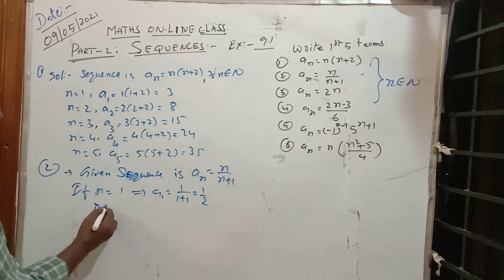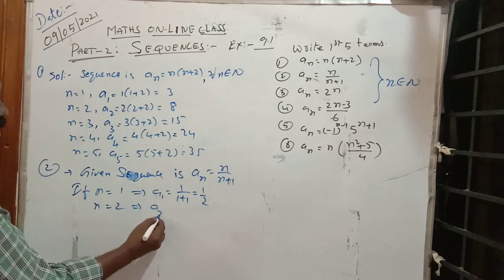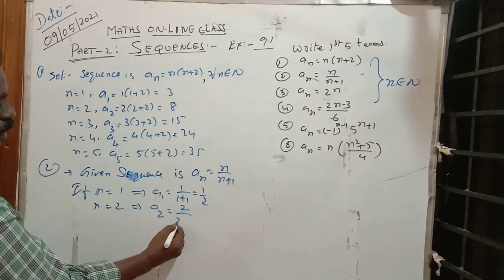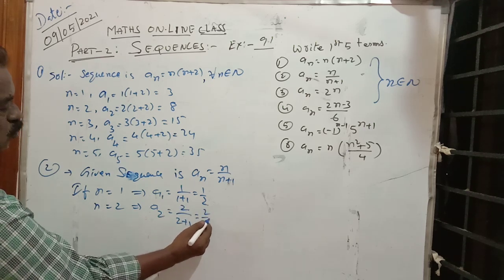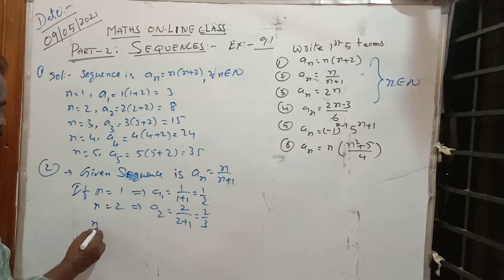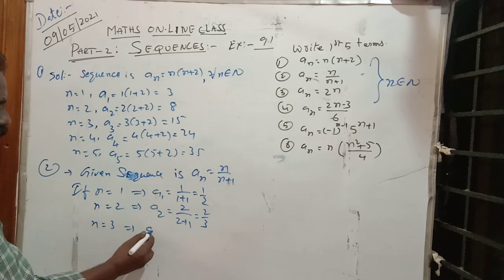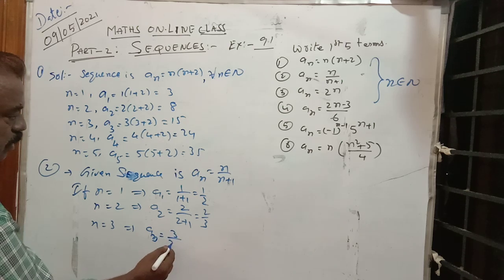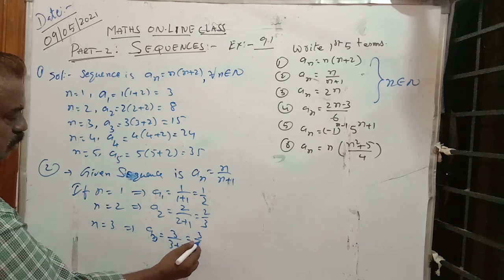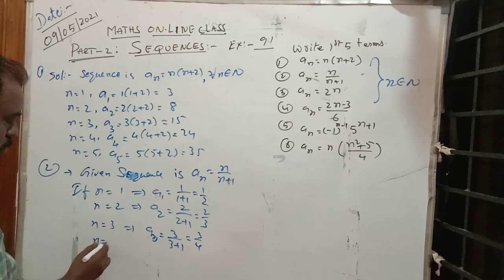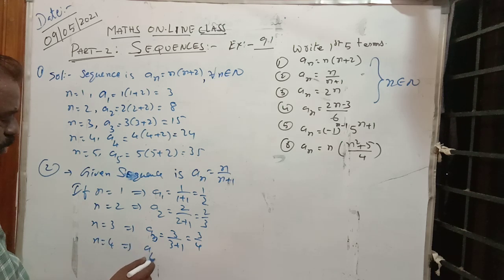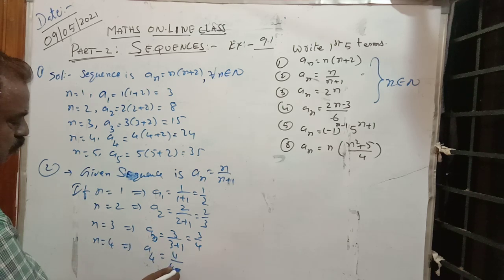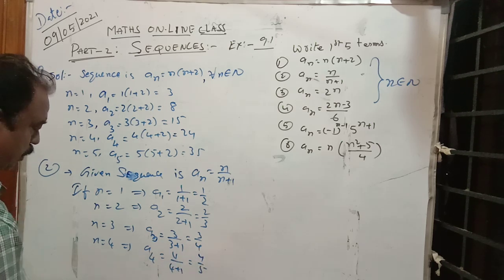When n is equal to 2, then a2 is equal to 2 by 2 plus 1, that is 2 by 3. When n is equal to 3, a3 is equal to 3 by 3 plus 1, that is 3 by 4. When n is equal to 4, a4 is equal to 4 by 4 plus 1, that is equal to 4 by 5.